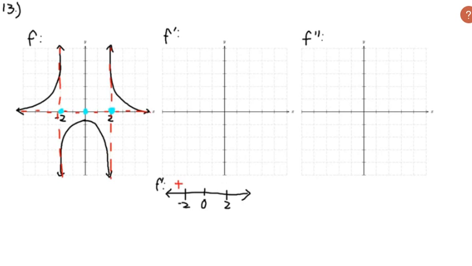So we will put positive there, and from -2 to 0, it is negative, since it is below the x-axis. And from 0 to 2, it is negative also. And lastly, from 2 to infinity, it will be positive. Therefore, f will increase from -infinity to -2, decrease from -2 to 2, and increase from 2 to infinity.